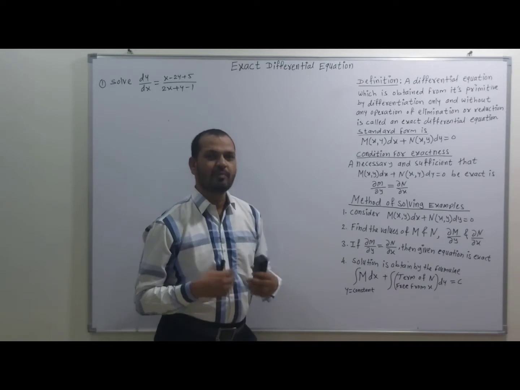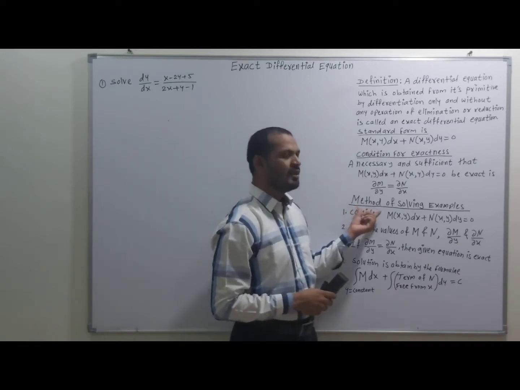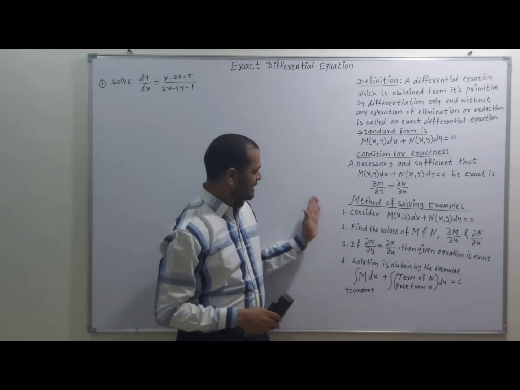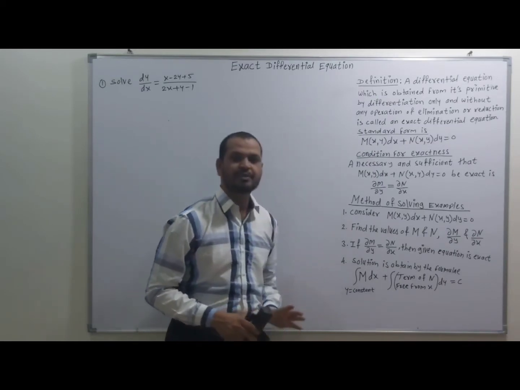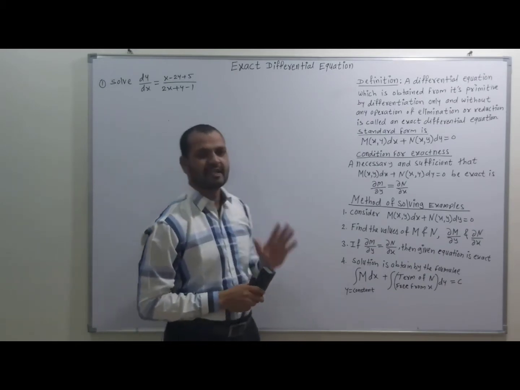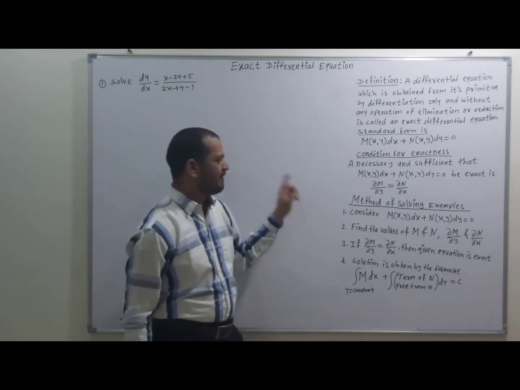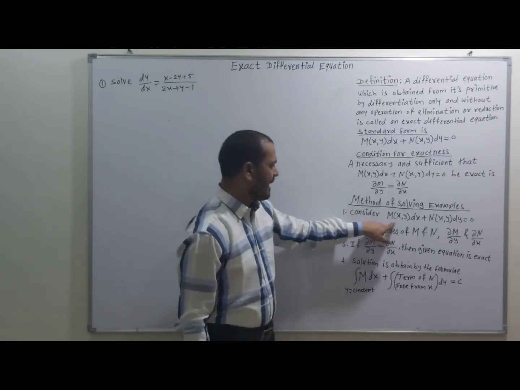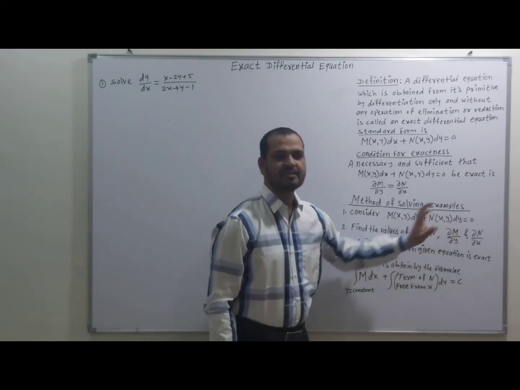Now friends, coming to the points. Here we are discussing the method of solving an exact differential equation. These are the four important steps for solving any equation in exact differential form. The very first step is to consider the equation M dx plus N dy equal to 0.